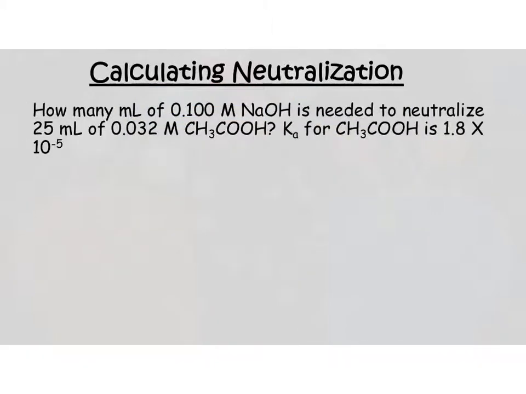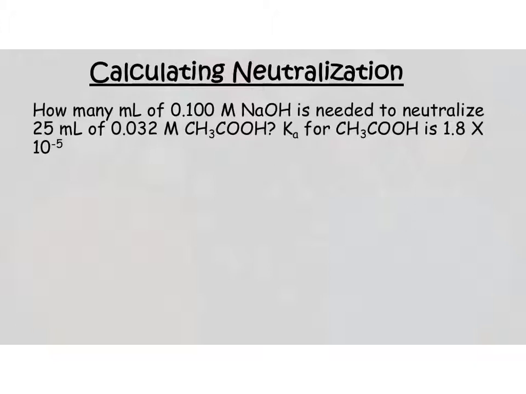Okay, in this example, we are asked how many mL of a 0.1 molar NaOH solution is needed to neutralize 25 mL of a 0.032 molar CH3COOH, so acetic acid.